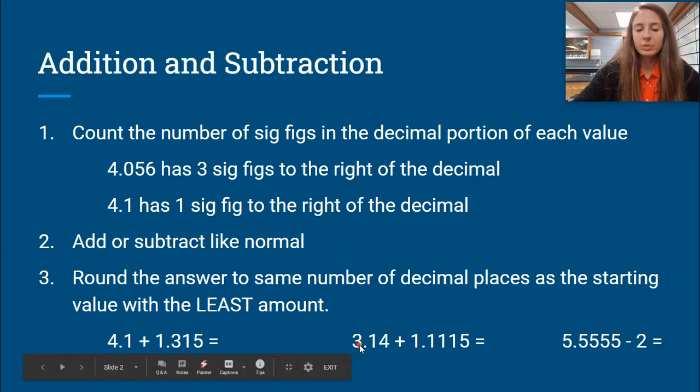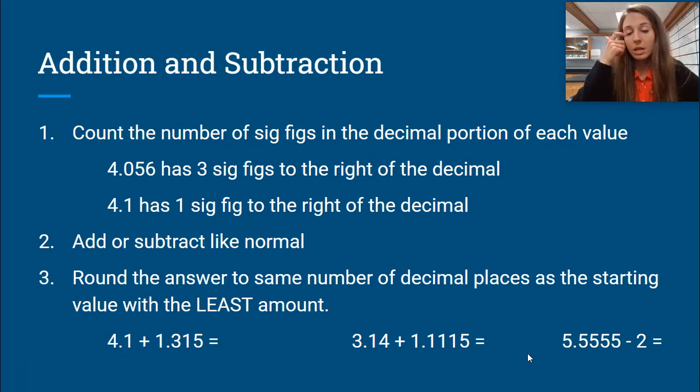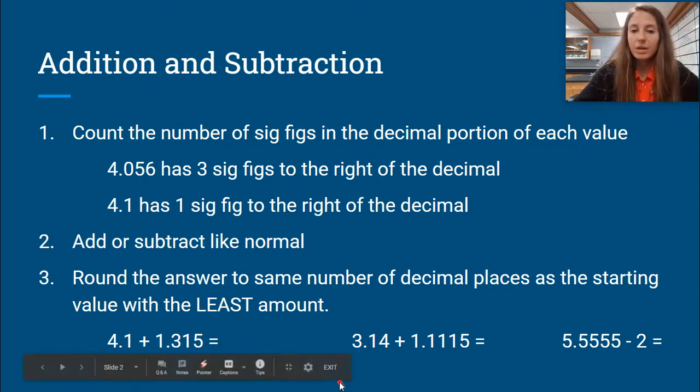Likewise, over here, if we have 3.14, which has 2 significant figures to the right of the decimal, adding that to 1.1115, which has 4 significant figures to the right of the decimal, our answer, once we get it, would need to be rounded to have 2 significant figures to the right of the decimal, because 2 is less than 4.